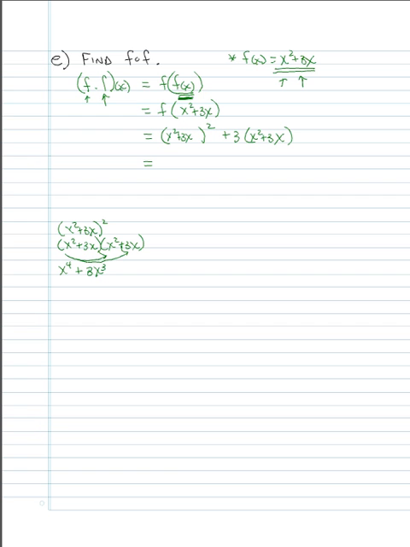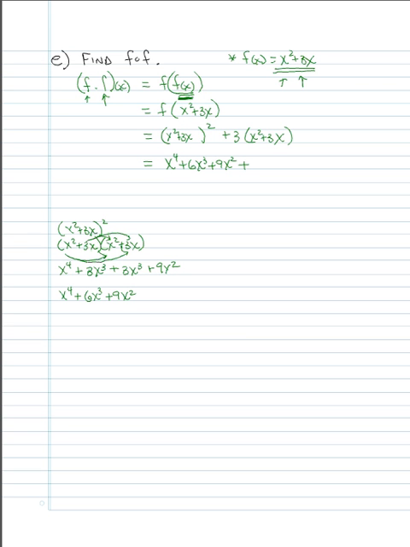Then we multiply the 3x with the x squared here, and that ends up giving us another 3x cubed. And then finally the 3x times the 3x, which will be plus 9x squared. So the result of squaring that input gives us x to the 4th plus 6x cubed plus 9x squared. So that's what goes in this position.